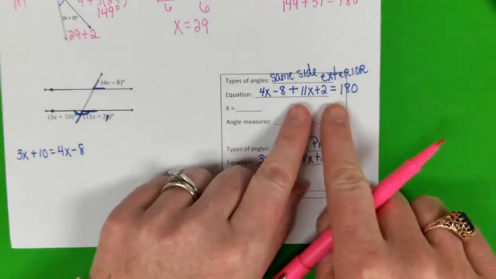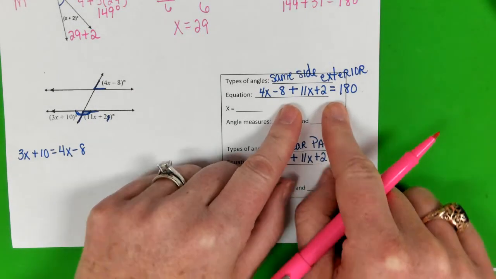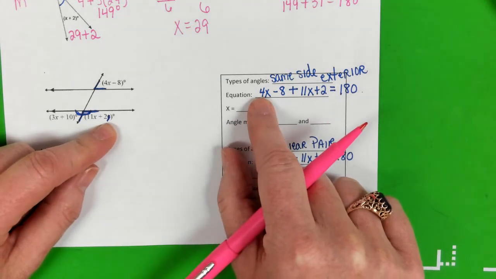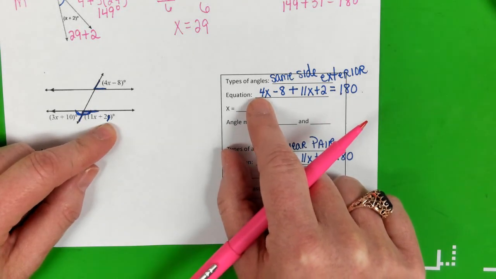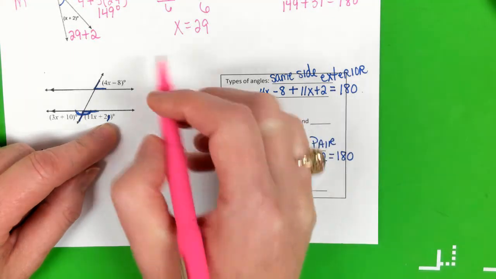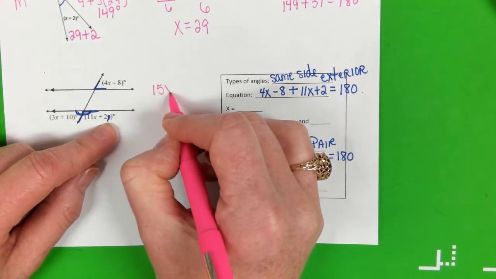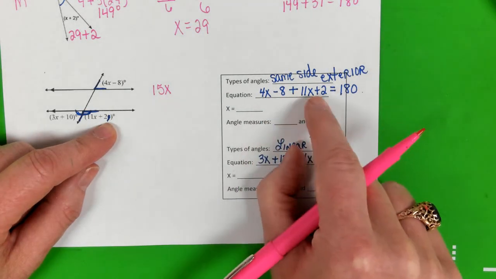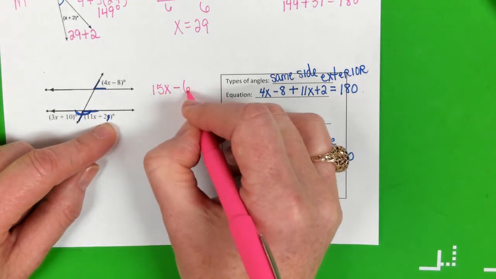Okay, let's look at the next one. So let's see, I have my equation over here. I'm hoping this comes out right because we changed this, but let's see. So I'm going to start by combining my like terms. 4x plus 11x, 15x. Negative 8 plus 2, negative 6.